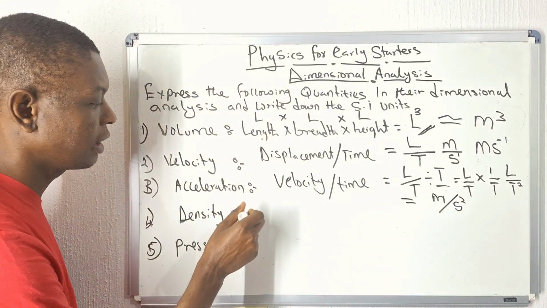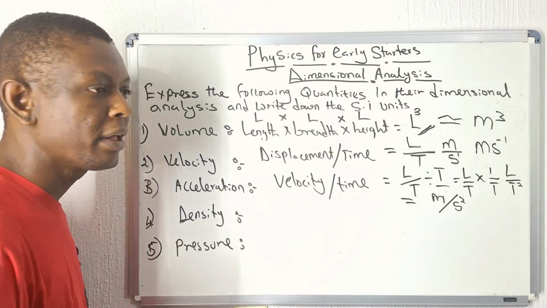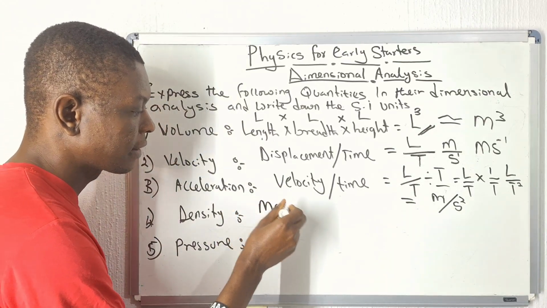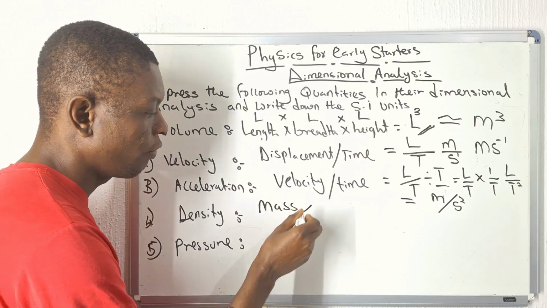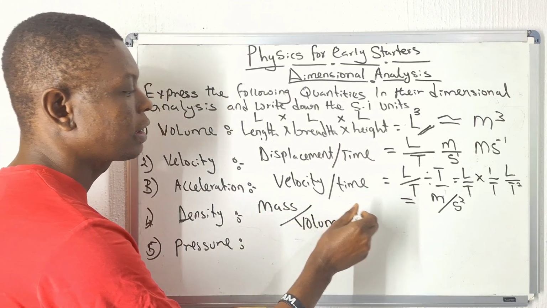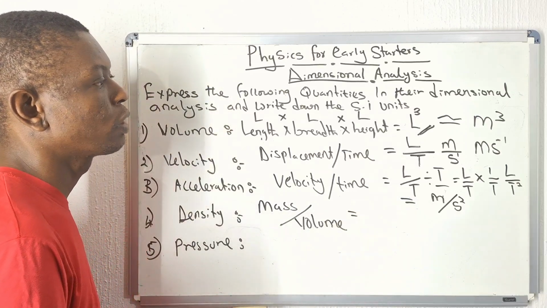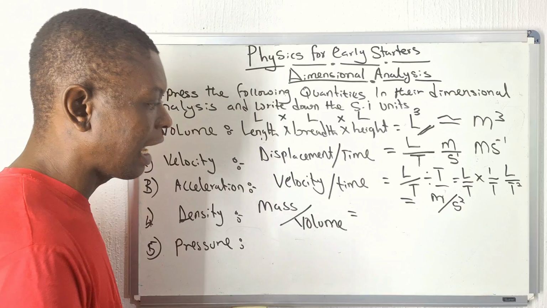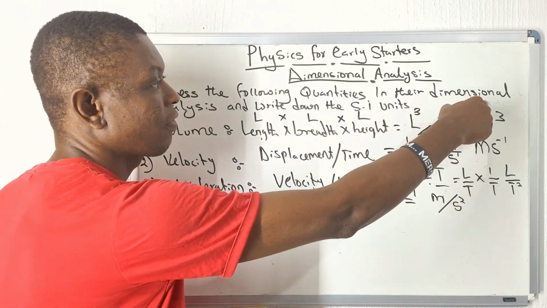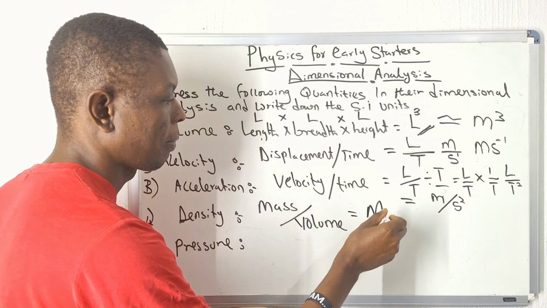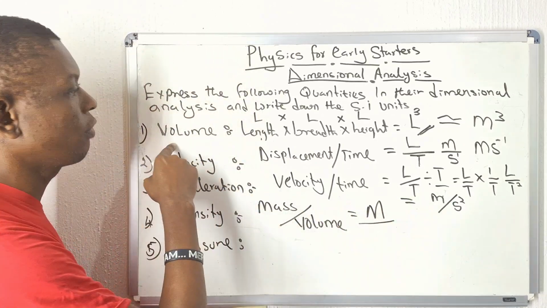Now, density. What is density? Density is simply mass per unit volume. Mass over volume. Now, what is mass? Mass has to do with kilogram. And the letter that we use in representing mass, I've said it before, is capital letter M. And what is volume? We have solved that before.